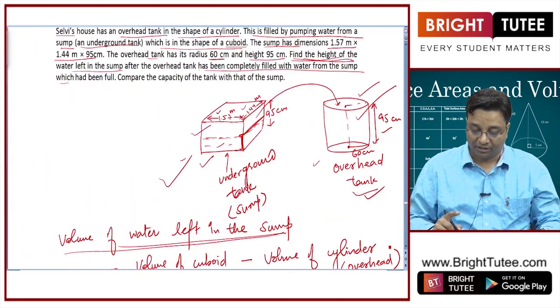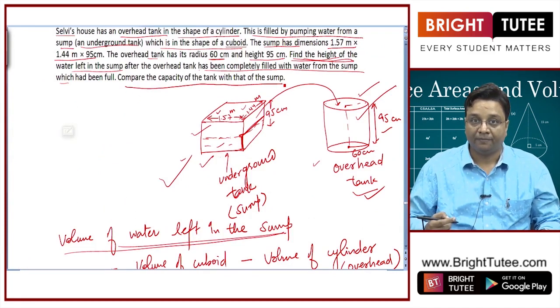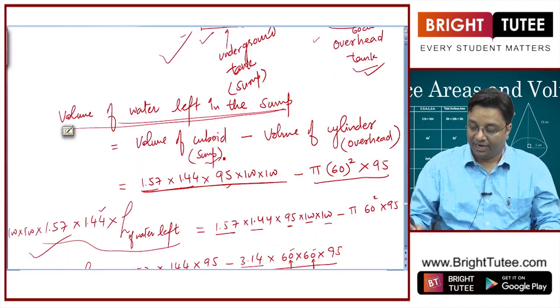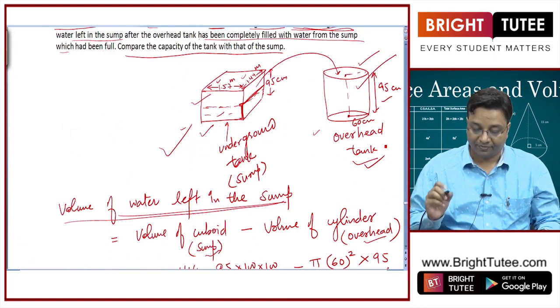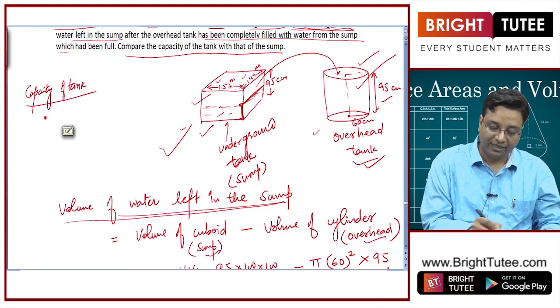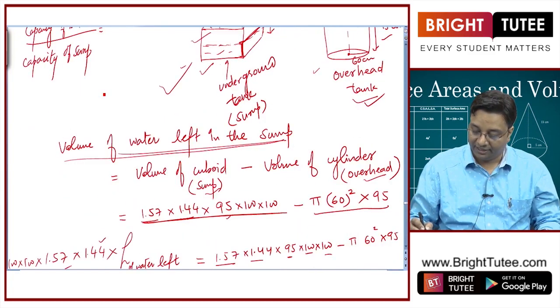Now, there is another question in this: compare the capacity of the tank with that of the sump, right. So, we need to compare volumes of sump and overhead tank, right. So, capacity of tank divided by capacity of sump is equal to, what is the capacity of the tank?